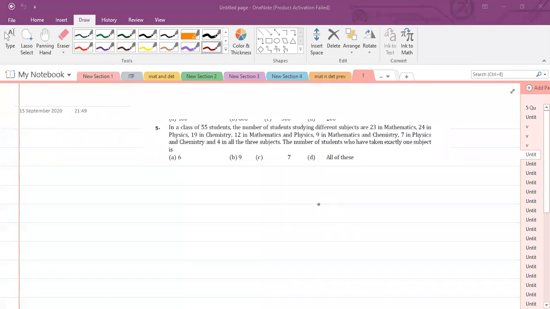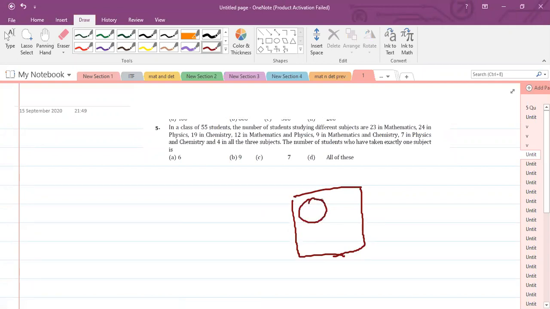So if you draw the Venn diagram, then this middle intersection part has 4 in all 3 subjects, then 7 in physics and chemistry.